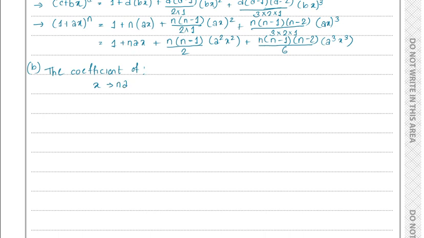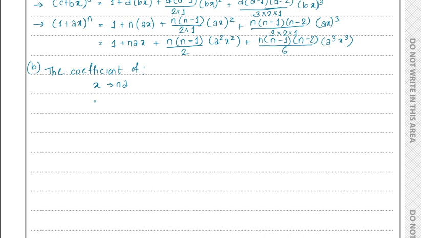The coefficient is actually a constant that is getting multiplied with the variable. In our question, the variable is x, and n multiplied by a will give a constant, and that constant is the coefficient of x.